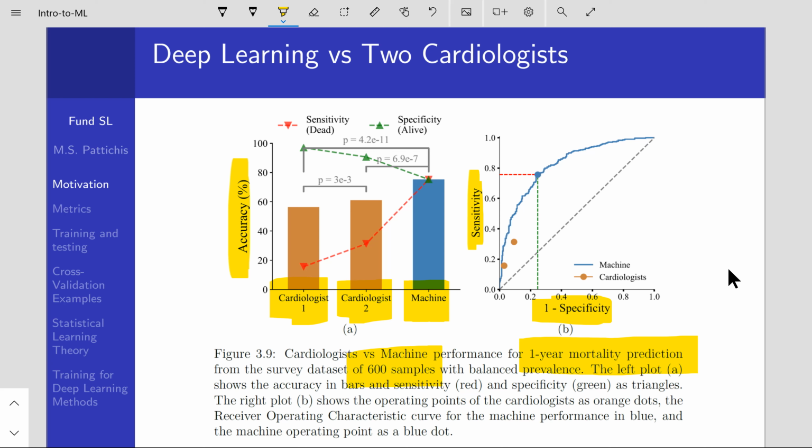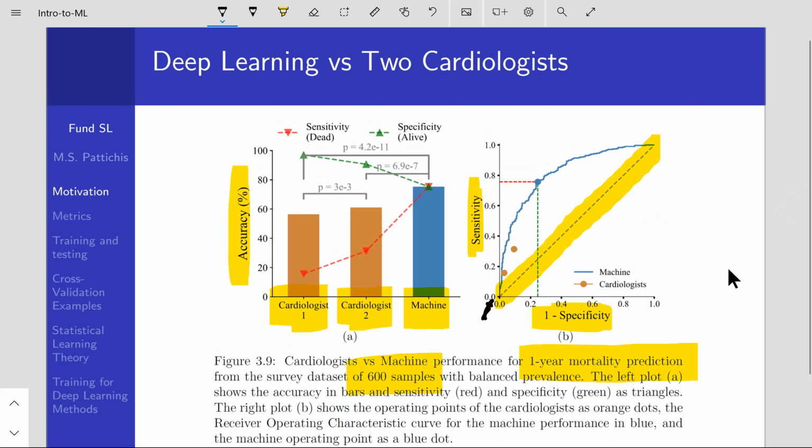But for right now, it suffices to say that this line over here is the worst case scenario. In other words, a straight line from the point 0, 0 right here to 1, 1 represents random sampling, a random predictor.